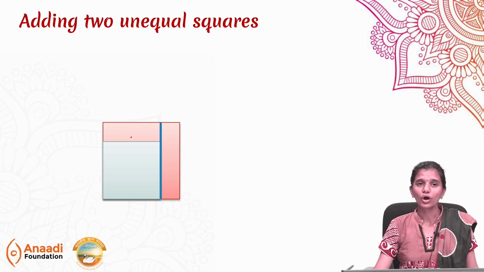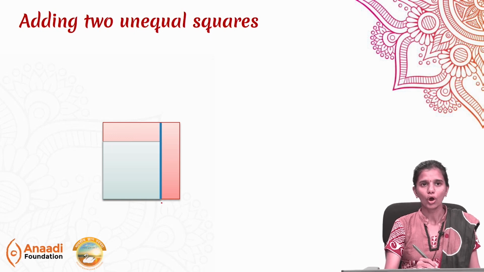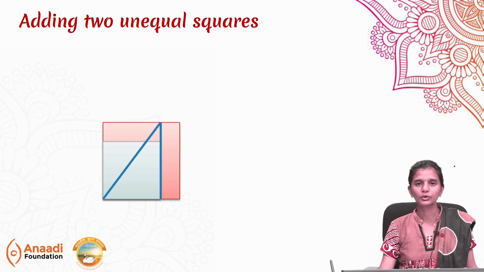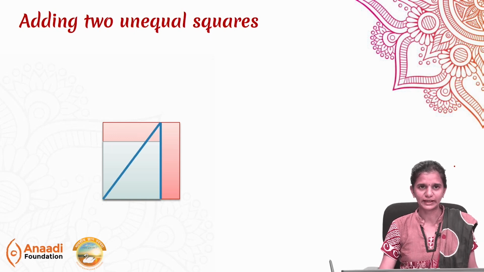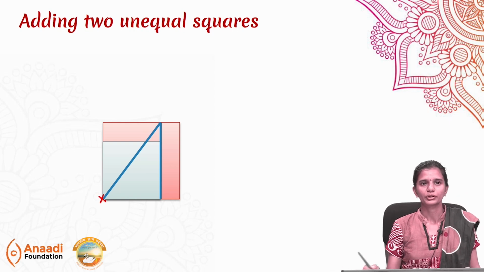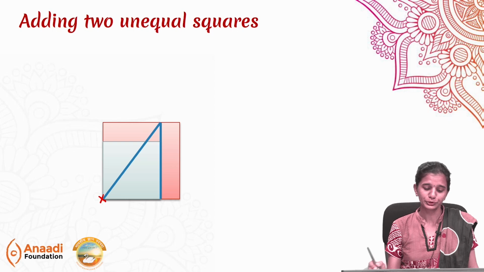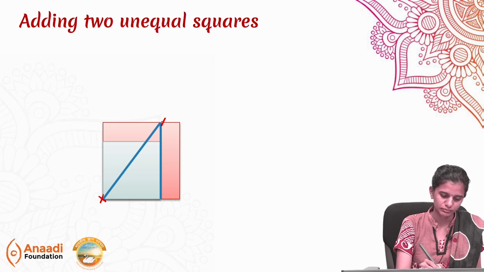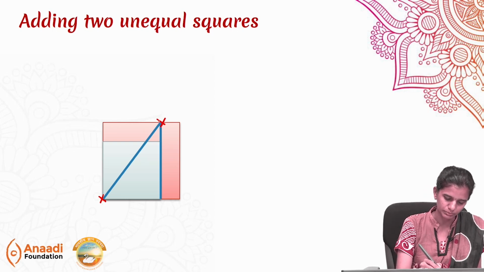Then, draw a line along the smaller side of the square onto the larger square like this. Now, draw a diagonal line connecting the corner of the bigger square to the other tip of the newly drawn line that we did in the previous step.